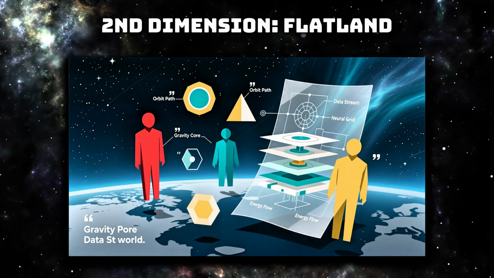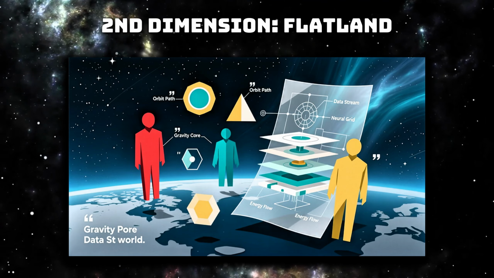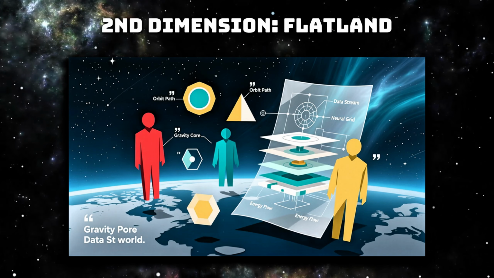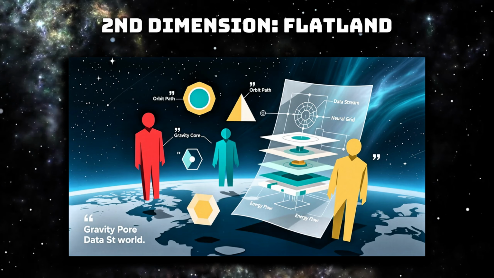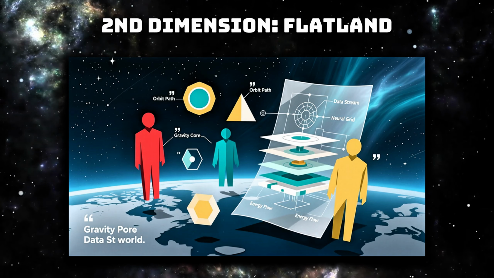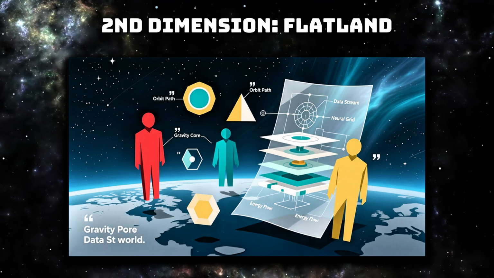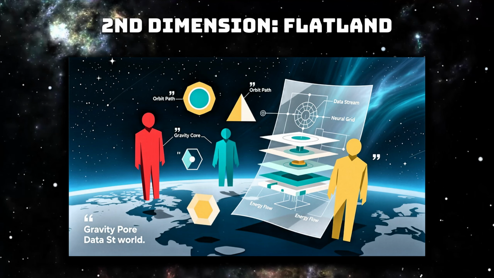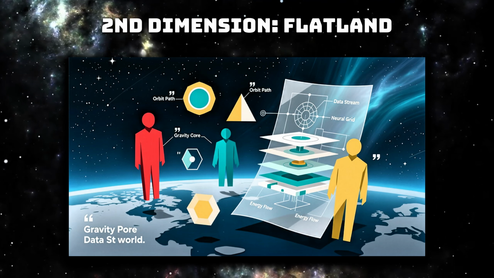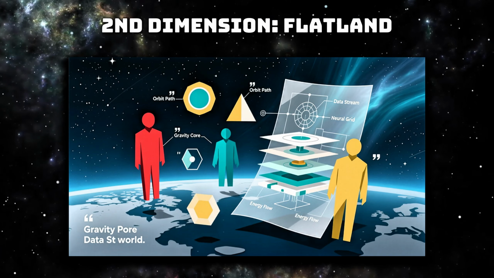The concept of Flatland isn't just science fiction, it is a profound tool for understanding how dimensions stack and how beings in higher dimensions might interact with the lower ones. Just as a flatlander can't understand 3D, humans find it difficult to conceptualize 4D or 5D space. But by studying how flatlanders perceive their world and how a 3D being appears to them, we gain insight into how we might appear to a 4D being.